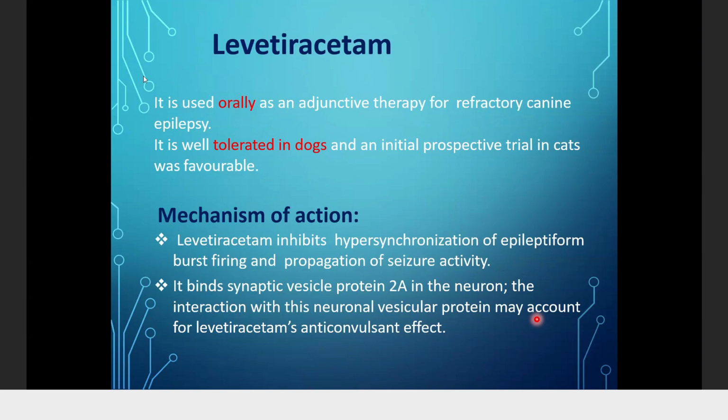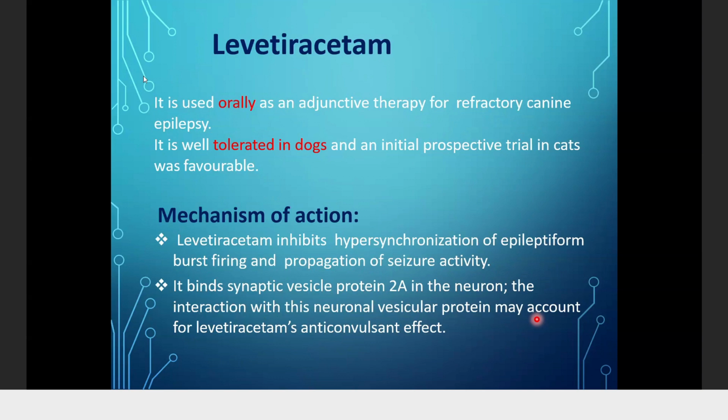And the mechanism of action: it inhibits hypersynchronization of epileptiform burst firing. Hypersynchronization comes from the word hypersynchronous, referring to the epilepsy activity.